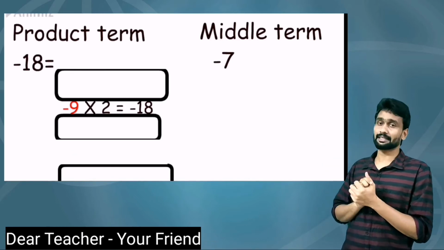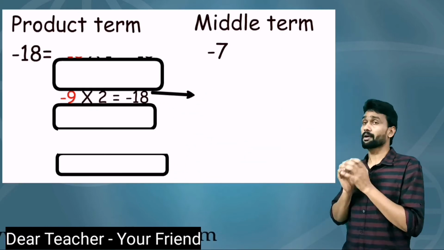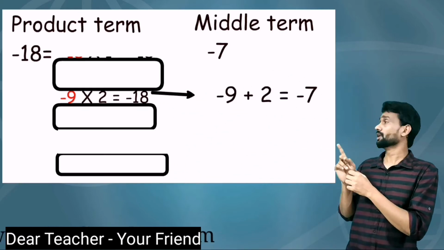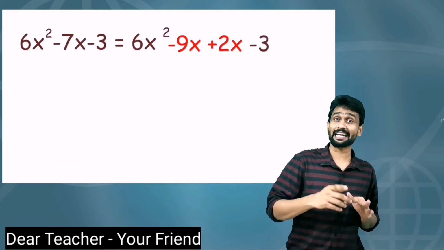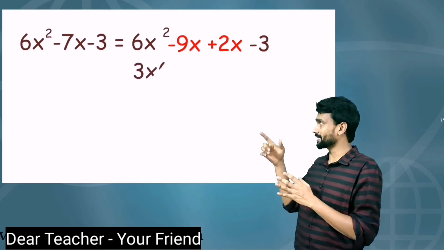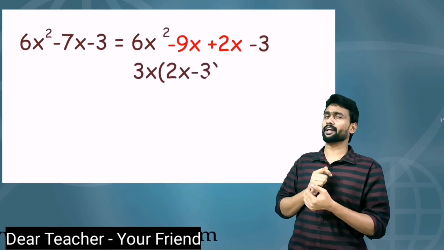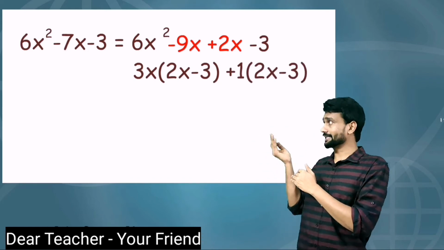No, so we can cancel that also. The next one, minus 9 and 2. Yes, minus 9 plus 2 equal to minus 7. So now we can rewrite our quadratic: 6x square minus 9x plus 2x minus 3. From the first two terms, what can you take common? Yes, 3 is common and x also common. So we can take 3x out.